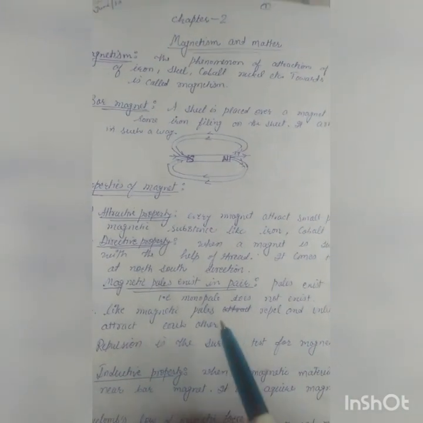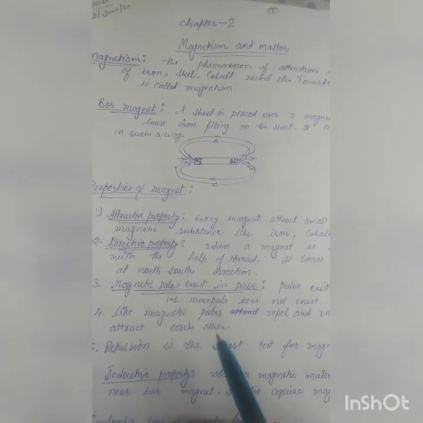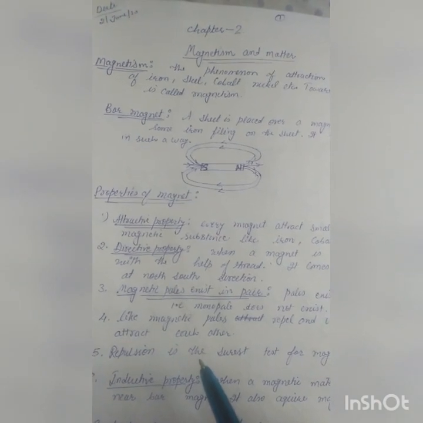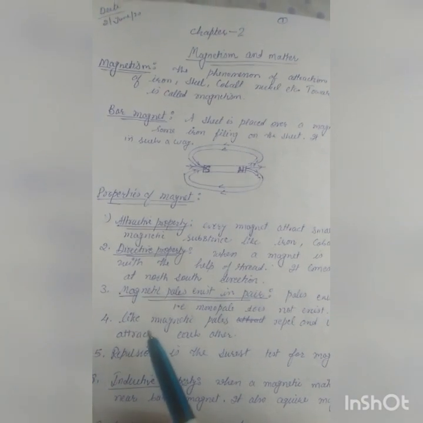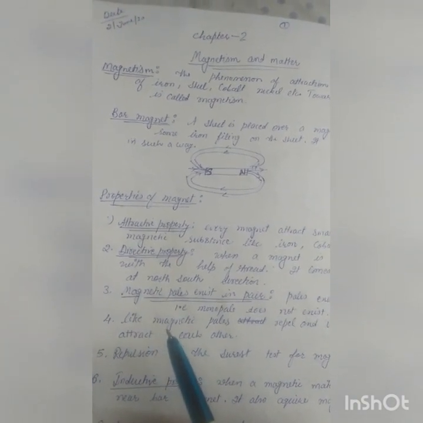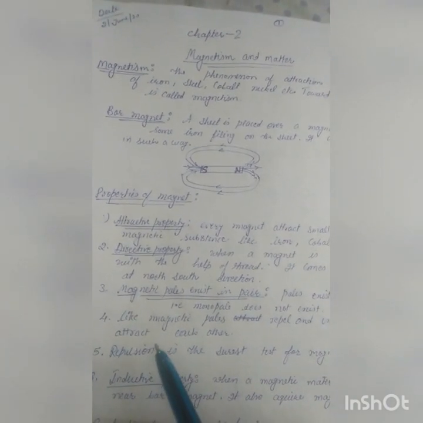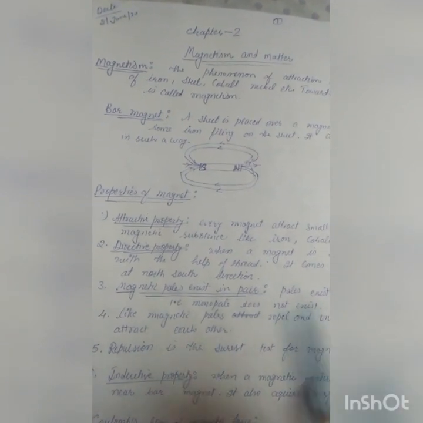Like magnetic poles repel and unlike poles attract each other. It's like charges: similar charges repel each other and opposite charges attract. Same is here: similar poles repel and opposite poles attract each other.